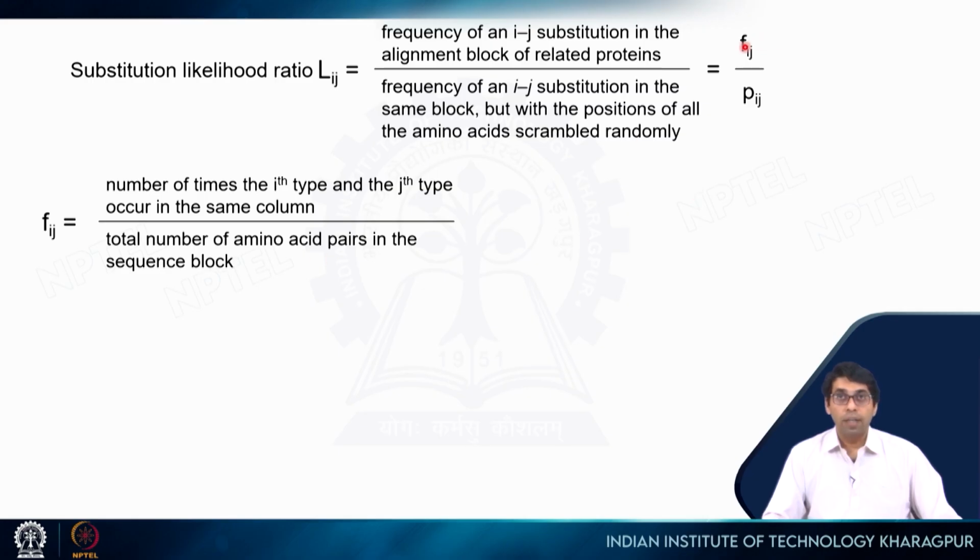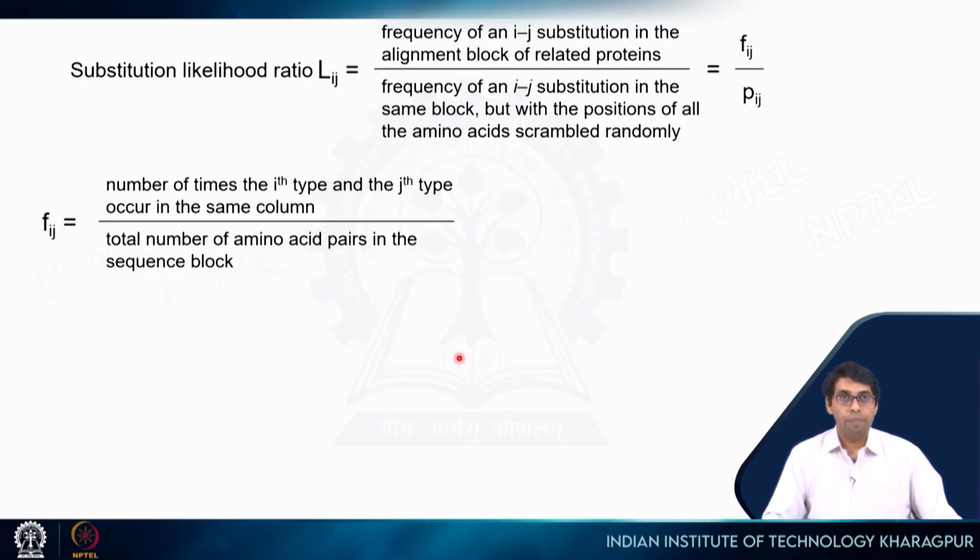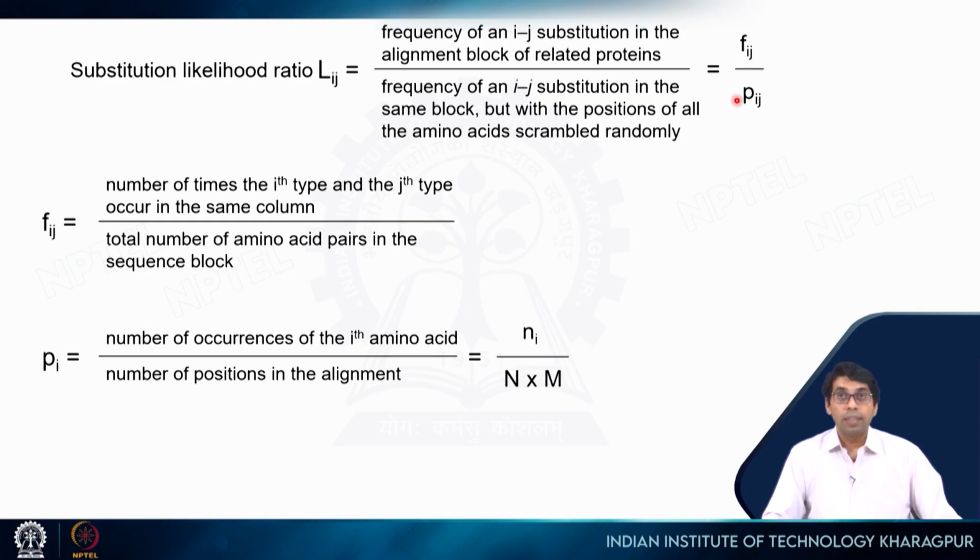How do I get the frequency of substitution in this alignment block? I will do this by counting the number of times i type and j type occur in the same column. So, how many times phenylalanine and leucine occur in this column? Okay, and then the total number of amino acid pairs in the sequence block. This Pij I will calculate as 2 times Pi times Pj.